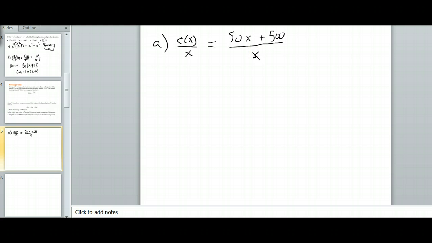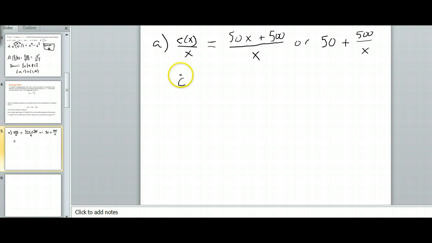That's my average cost function. That's all I need, but you could split this up. Say 50x divided by x is just 50, and then 500 divided by x is just 500 over x. So you could have this, but this is the more traditional way of writing it.